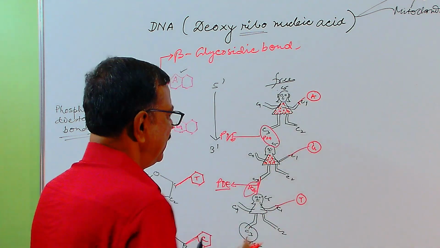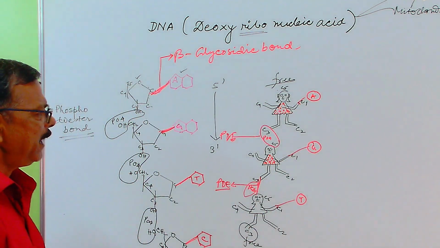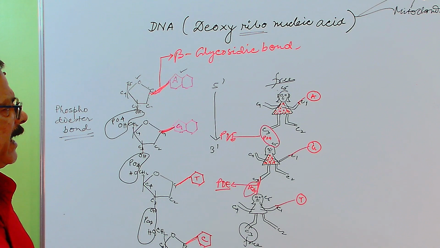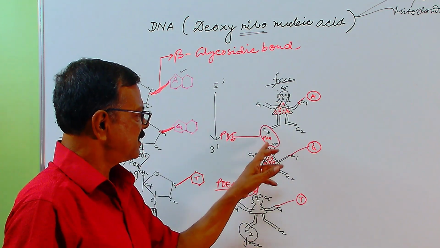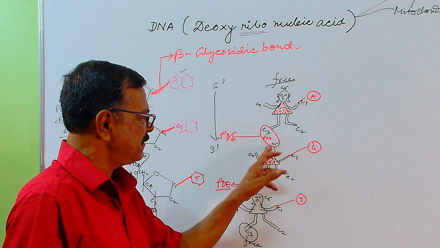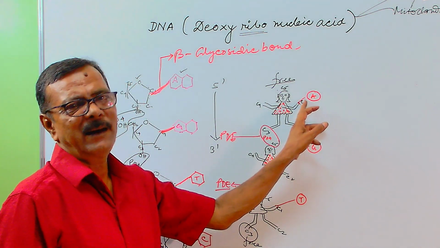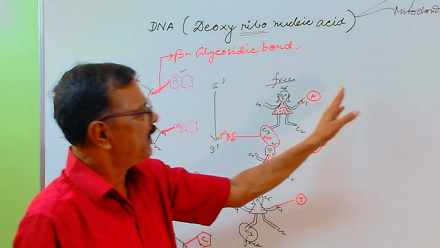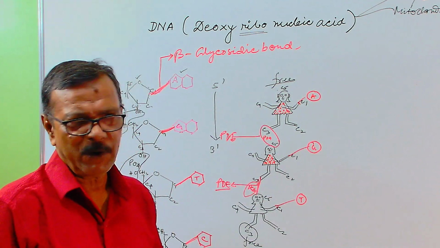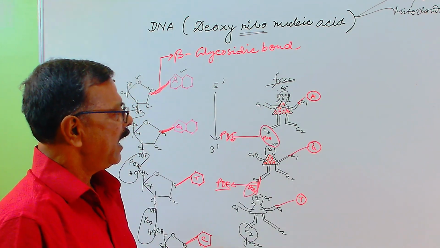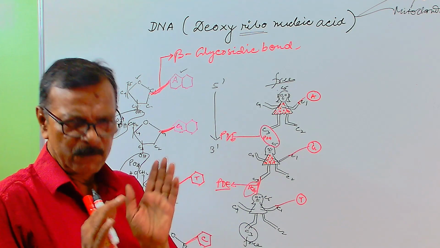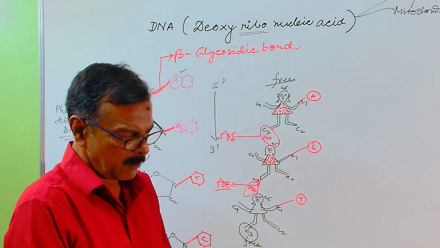Adenine, guanine, thymine. And in this way, as I have told you, in the C5 position, C3 and C5 will join. Here C1 will hold the nitrogenous bases. So here also C1 will hold the nitrogenous bases.